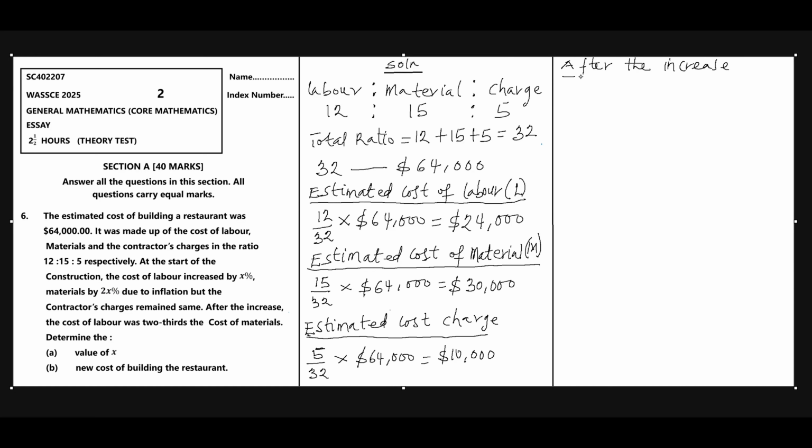So after the increase, we are told that the cost of labor increased by X% and the cost of materials increased by 2X%. Now, let's say if I ask you to increase $500 by 20%, what will be your answer?